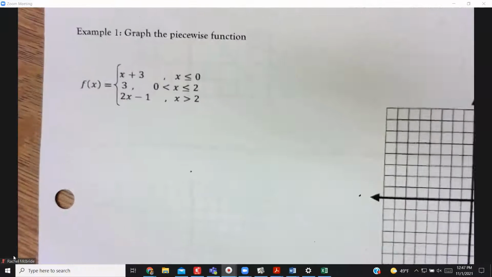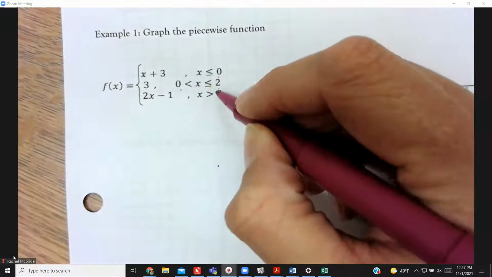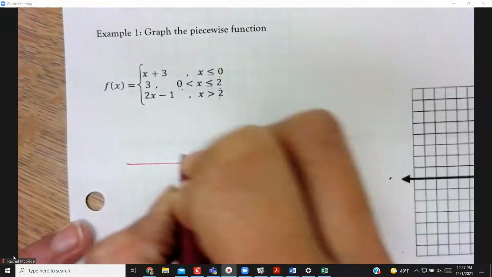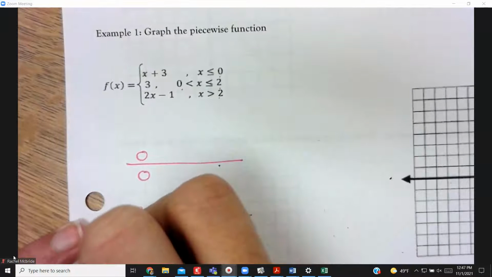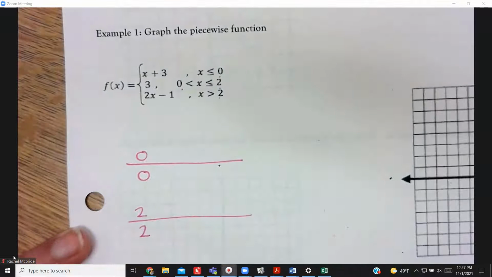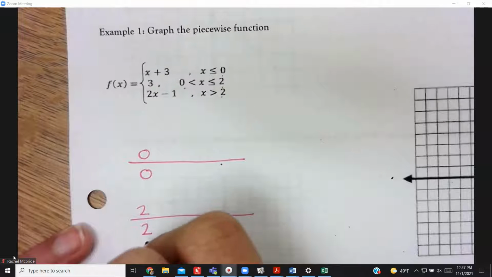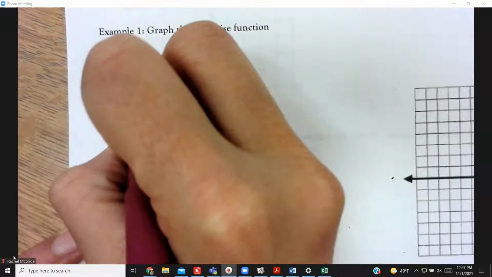In example number 1, this graph has 2 breaking points. So in my table in particular, I'm looking at 0 and 2. And I'm either going to have 1 or 2 points above, below, and in between.